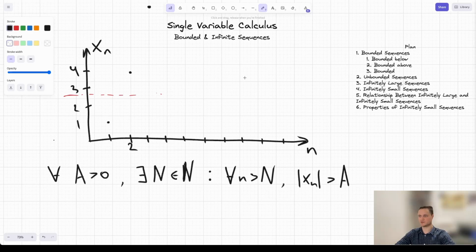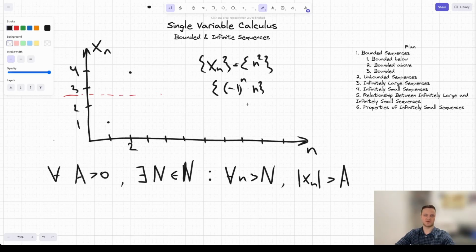For example, this one is the sequence n squared, where each index is multiplied by itself for each element. You can see that it has no limit, so that's why it's an infinitely large sequence, and it certainly cannot be contained within a fixed range. However, an interesting case: the sequence (-1)^n multiplied by n is unbounded, but not infinitely large.